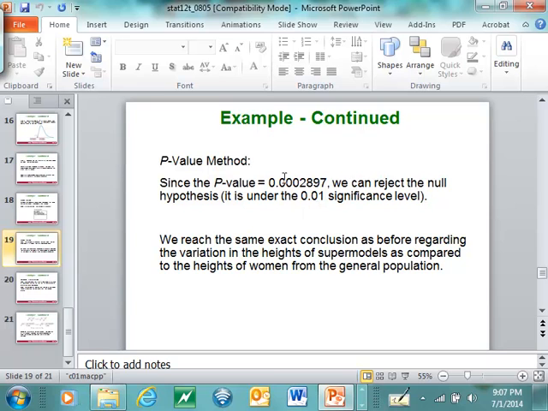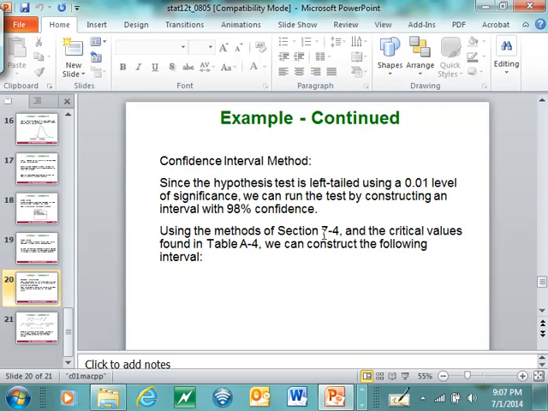Because our p-value is much smaller than alpha, we would reject the null hypothesis and come to the same conclusion as we did for the critical value, in that there is enough evidence to support the claim that there's less variability in the heights of supermodels compared to the heights of women in general.